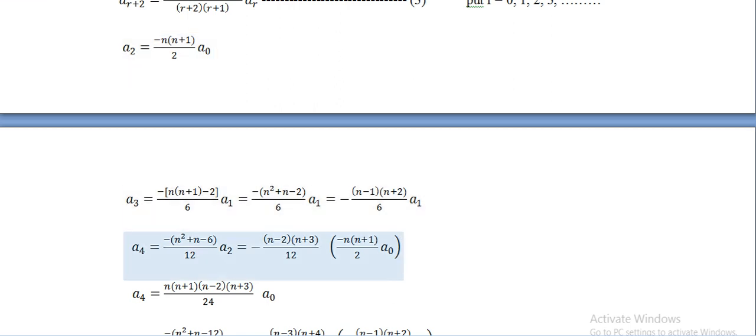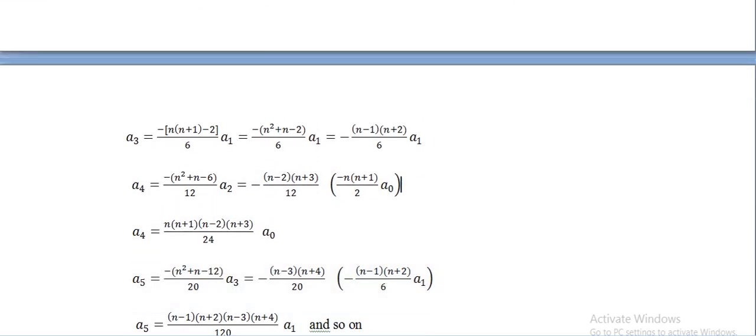So substitute the a2 value as minus (n + 1)/2 into a0, which gives minus into minus plus, (n + 1)(n − 2)(n + 3)/(12 × 2) = 24, into a0.